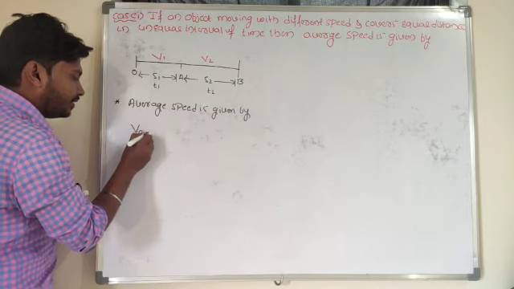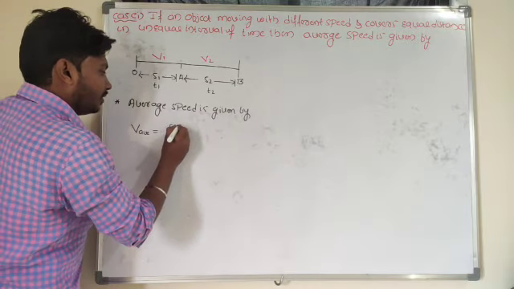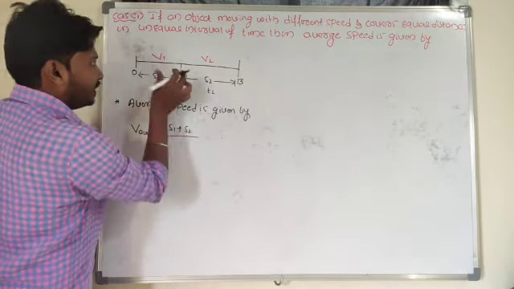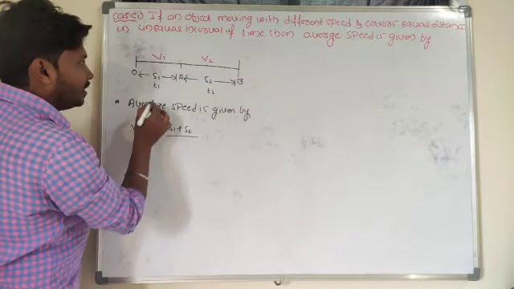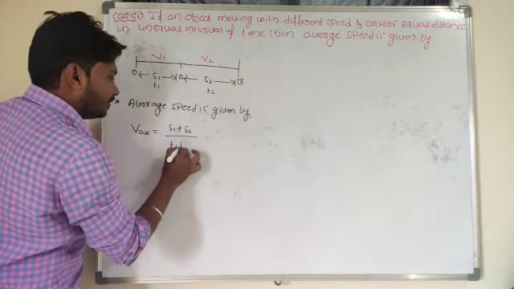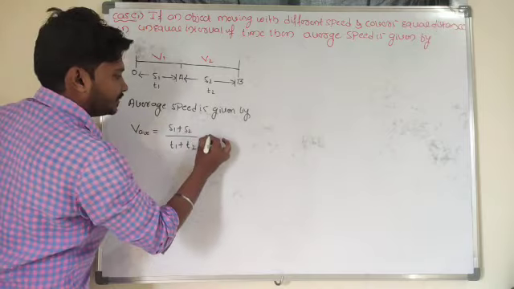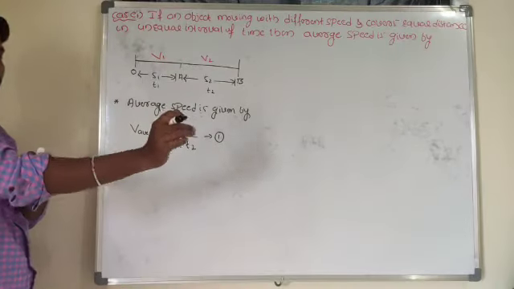What is the generalized formula? V average is equal to the total distance, the two distances s1 and s2, divided by the total time taken. This is the generalized formula for average speed.